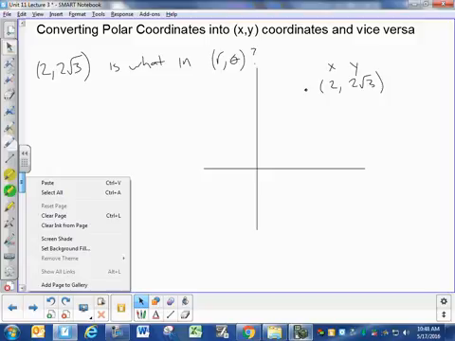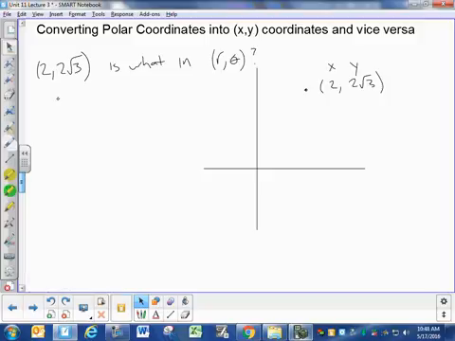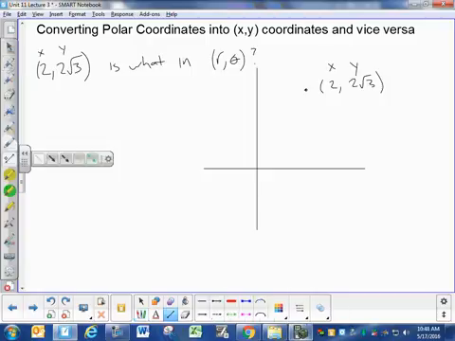Next thing we're going to learn is how we can convert polar coordinates into xy coordinates or convert xy coordinates into polar. So let's start with an xy coordinate, 2, 2 root 3, and figure out what it is in terms of r and theta. Well, guess what? This comes from an x distance and a y distance. What can we create if we know an x distance and a y distance?